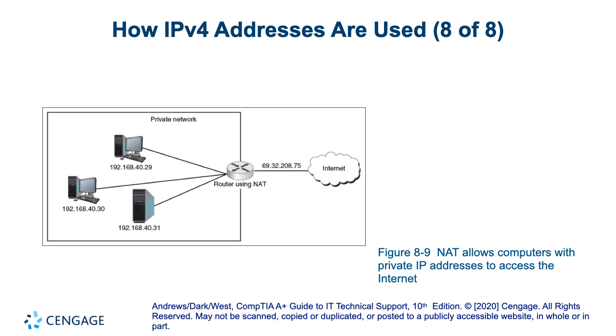Those are private IPs. They go through the router, and when they go and access the internet, they show up as the 69.32.208.75. And so thus all 3 of them can share the one public IP address. And this is how we were able to get the IP version 4 to last as long as we were able to.